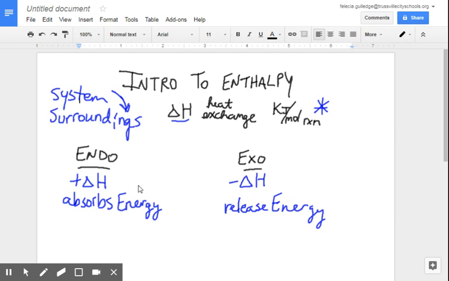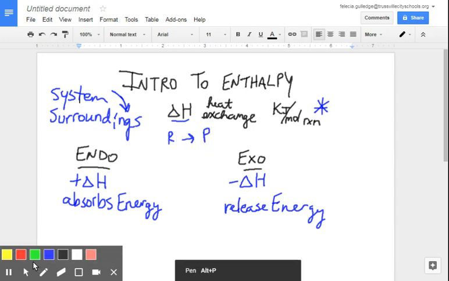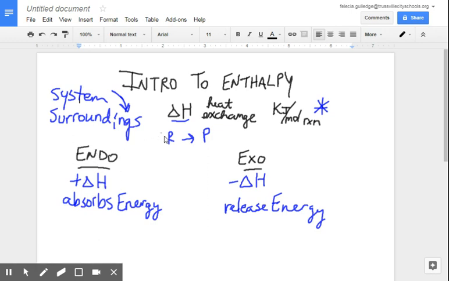Now, sometimes you have these reactions. So you'll have your reactants go to your products. You'll have several different reactants there, several different products there. If you have an endothermic reaction, sometimes your enthalpy can be written in the reaction.